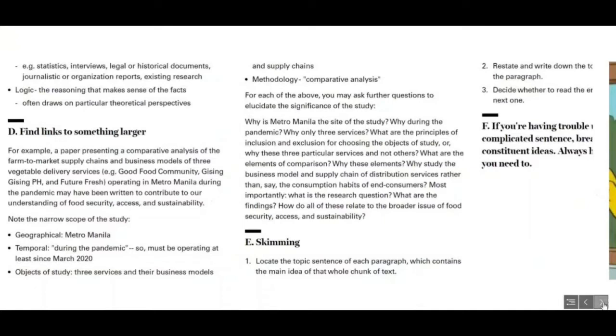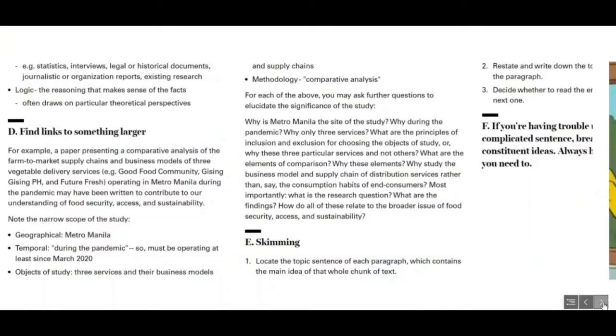What were the methods that you used? For example, did you do bibliographical or library work? Did you do qualitative interviews? Did you do quantitative surveys? Did you do archival research or whatever?